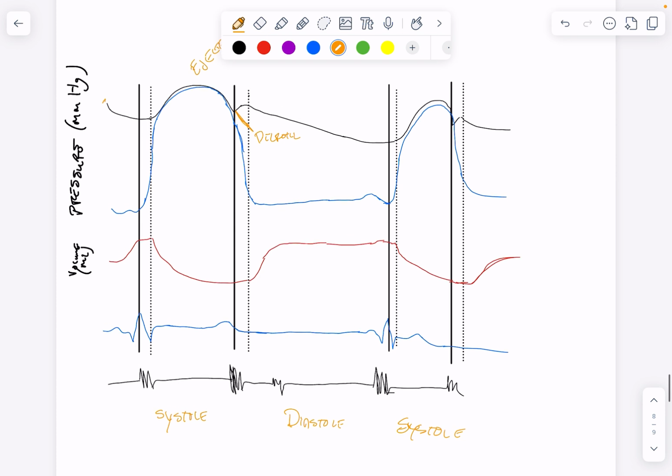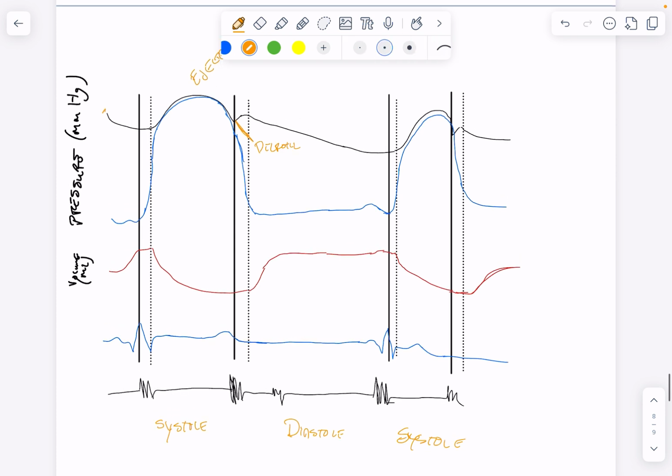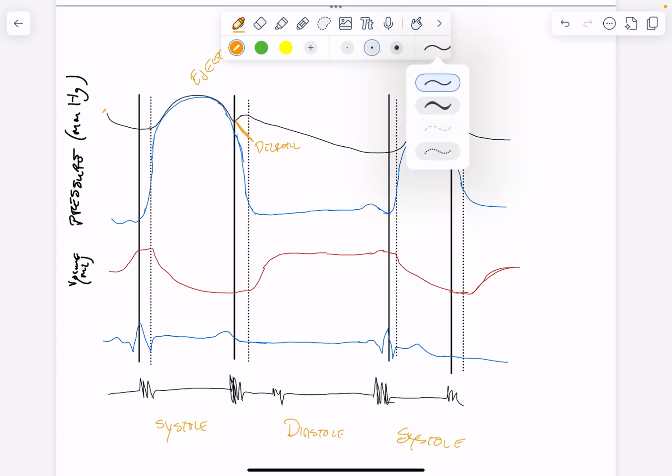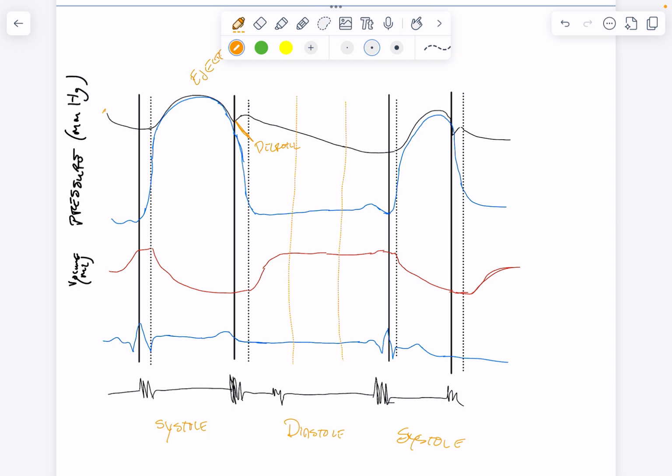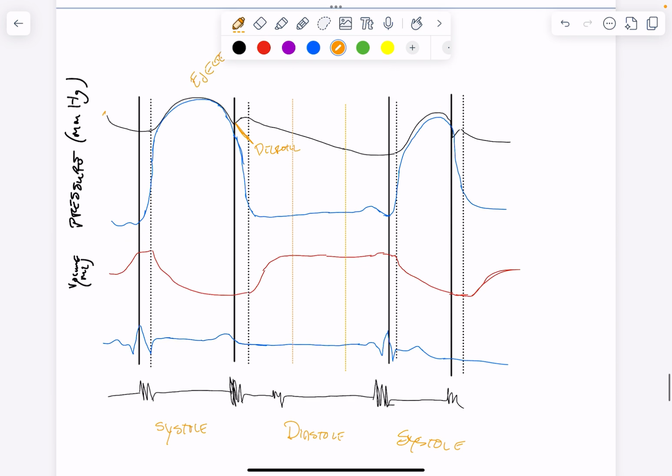There's a couple other dotted lines I need to include here, just kind of help break up different sections of the deal here. What else do we have going on?